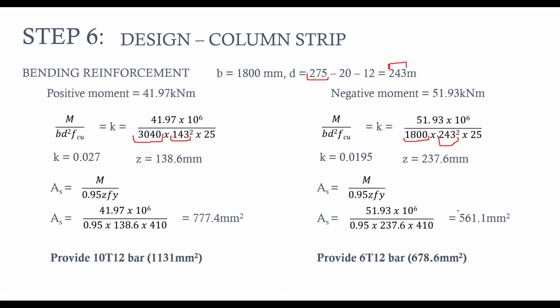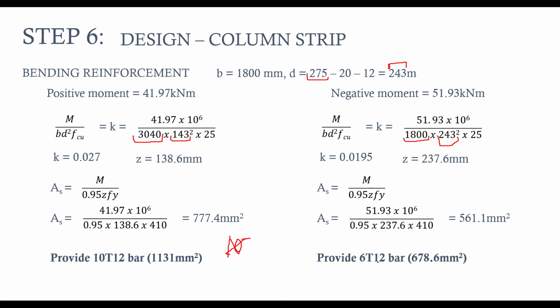So at the end of the day, our design is summarized along the column and middle strip. For construction purposes, we can provide 10 bars of 12 mm, but for the column strip in this region, you know the column strip is 1.8.